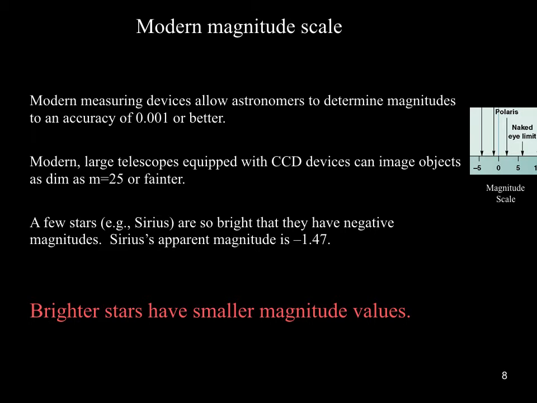Look at Sirius's apparent magnitude: negative 1.47. Now, of course, keep in mind that when we're talking about these magnitude scales, the ancient Hipparchus scale didn't go negative. It was 1 through 6, and there was no negative 1.47.